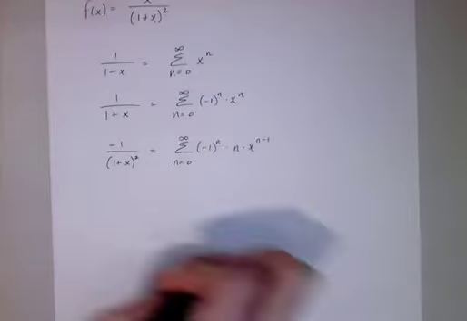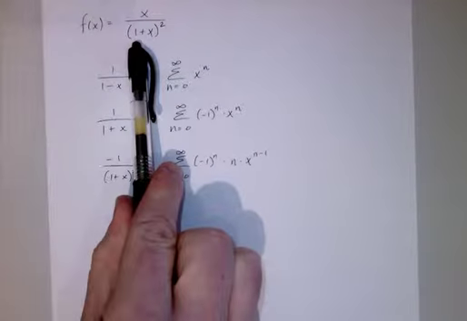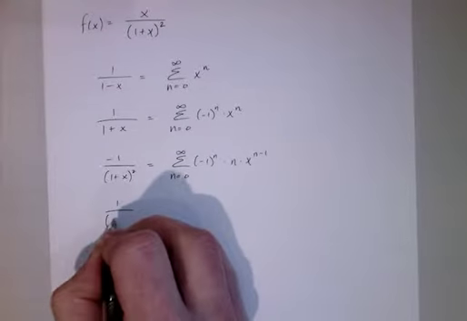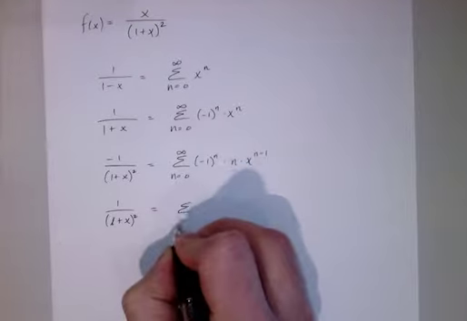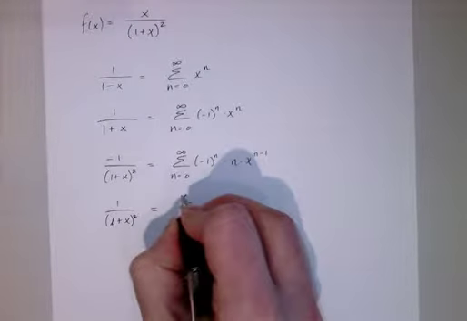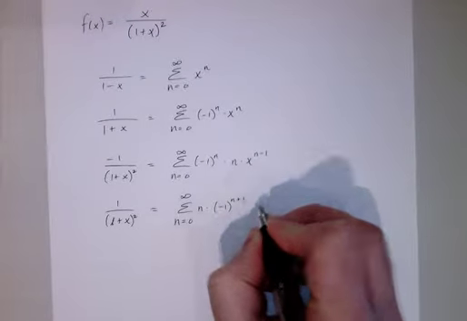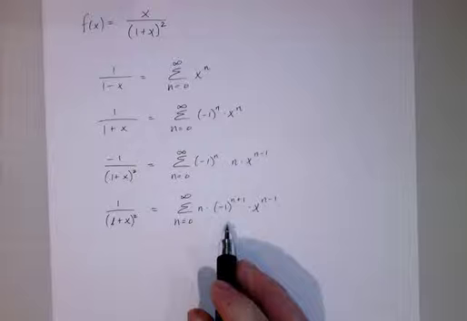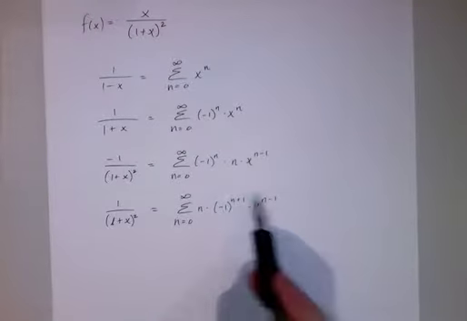Well, I want to get rid of that negative because the function that I'm trying to get at doesn't have a negative. It's just got x in the numerator. So let's go ahead and get rid of that. Like I said in the last one, that doesn't do anything but change which terms have a negative and which ones have a positive. So instead of negative 1 to the n, it becomes negative 1 to the n plus 1.